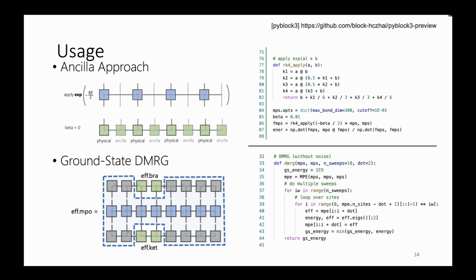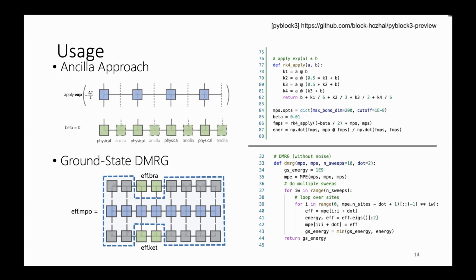The second example is a minimal implementation for ground state DMRG. In this figure, the sandwich structure formed by bra MPS, MPO, and ket MPS is a core data structure in DMRG. There will be multiple sweeps. In each sweep, there will be a loop over sites, and at each iteration, two tensors in the MPS will be optimized by solving the eigenvalue problem for the effective Hamiltonian formed by contracting and canonicalizing the sandwich structure around the two effective sites.